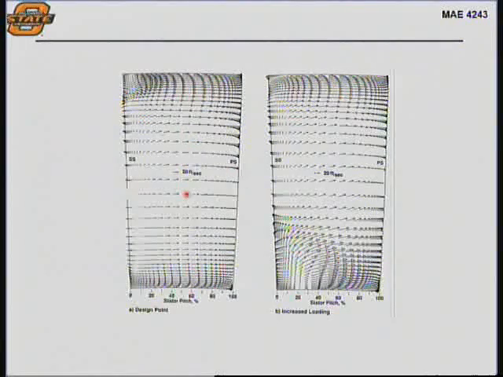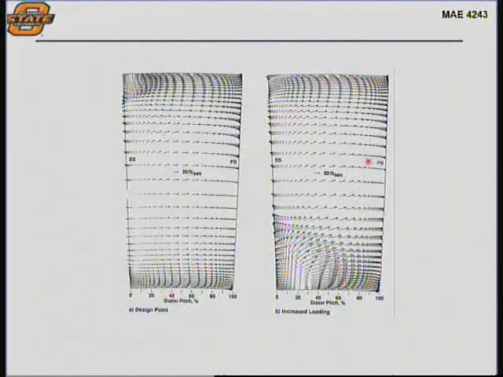And so if you have a highly loaded compressor, that means you have a lot of lift going on. If you have a lot of lift going on, you have a big difference between the pressure and the suction side. Makes sense, right? So at the design point, you have these types of secondary flows, in other words, the magnitude of the flows in the end walls, along the span.